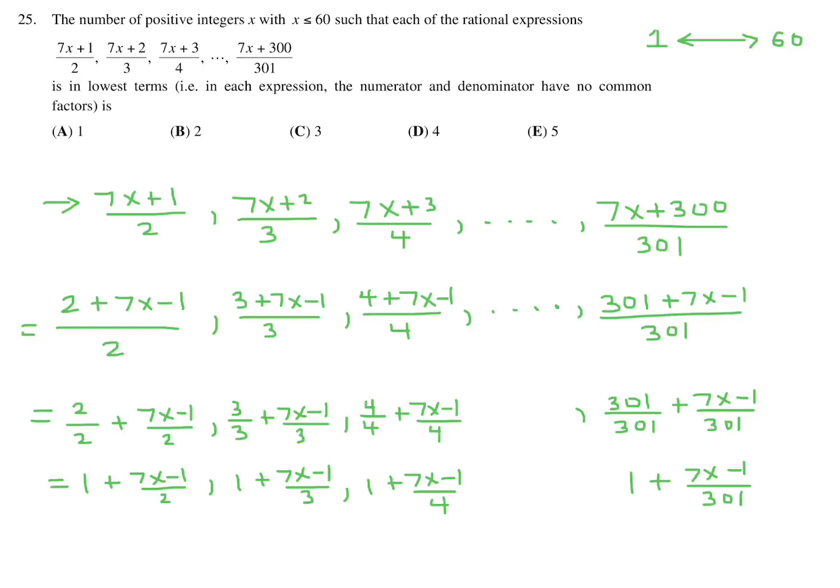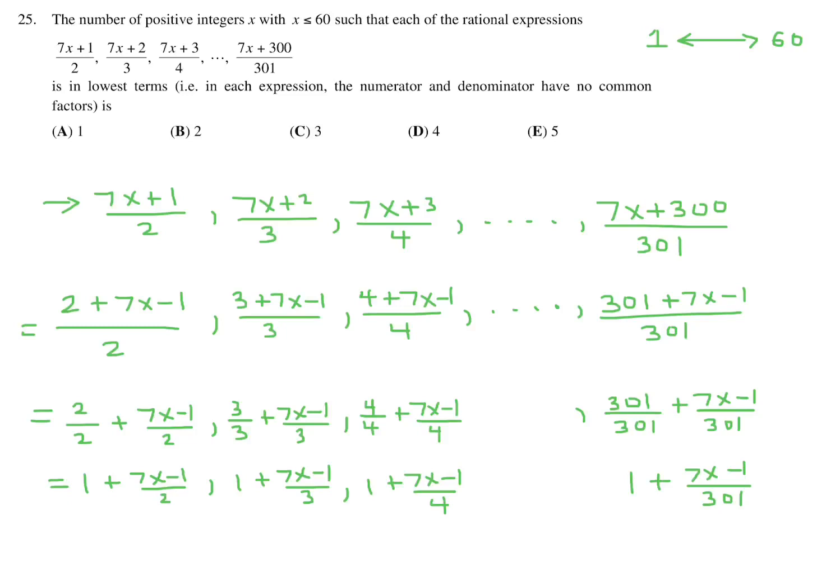All right? So you notice how I got all the numerators the same by doing a little bit of manipulation. Now that means that if each of these numerators combined with those denominators are in lowest terms, then the original guys will be in lowest terms, because you're just going to add 1 to it.